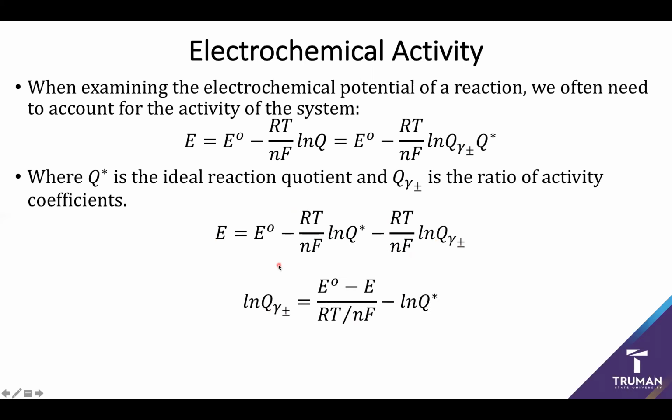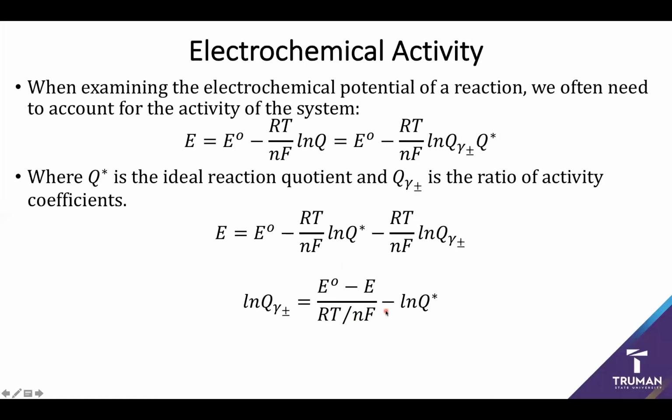And when we do this, what I'm left with is the difference between my standard state and my measured potential, all over essentially a big unit conversion based on the number of electrons being transferred in this chemical reaction.